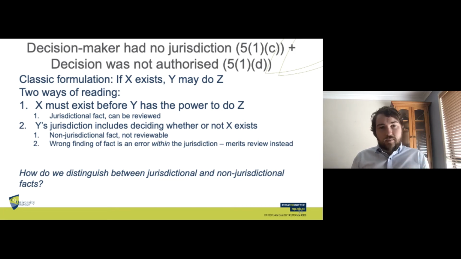The second way to read if X exists, Y may do Z, is that Y's jurisdiction includes deciding whether or not X exists. And this would be a non-jurisdictional fact because Y's jurisdiction isn't contingent on X existing. Instead, Y's jurisdiction includes deciding whether X exists or not. So in the director of animal control example, the director has the power to decide if a dog is dangerous or not.